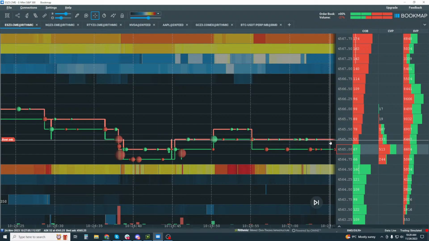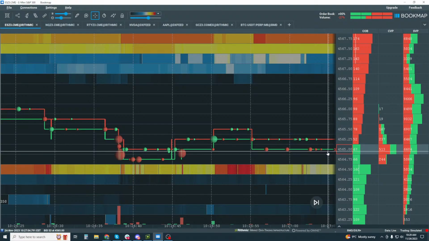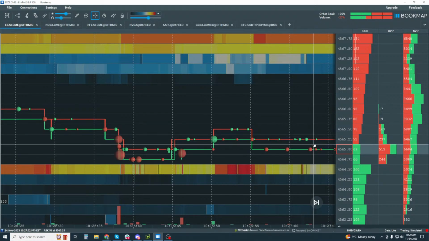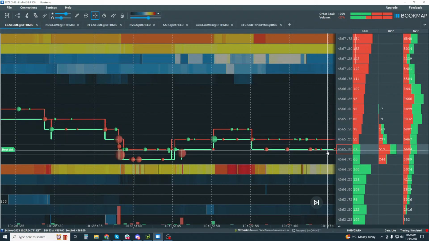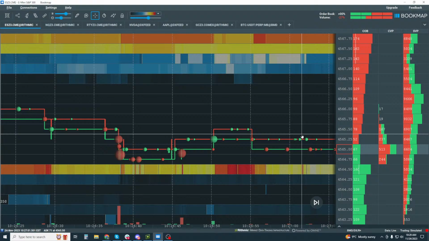As simple as that. And then if it trades right back here to 65, someone hits market sell because they could. The spread is here. Well, then you're going to be down a tick. And yeah, you'll be down $12.50, or if it was 10 contracts, you'd be down $125.